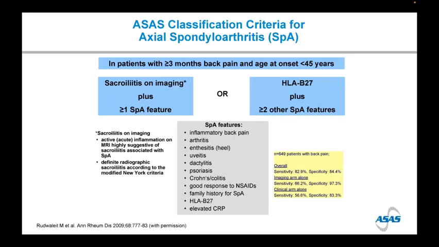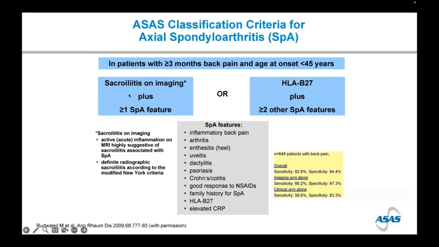As you know, the diagnosis of axial SpA has mainly 2 parts. It is inflammatory back pain, and you need to have sacroiliitis on imaging, or in other pathway, HLA-B27 plus 2 other SpA features, as you can see here.